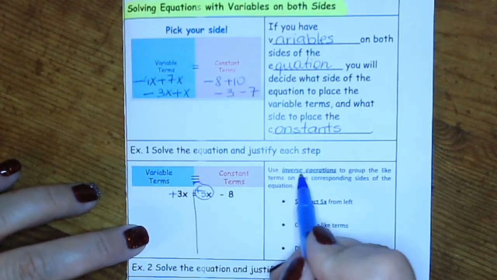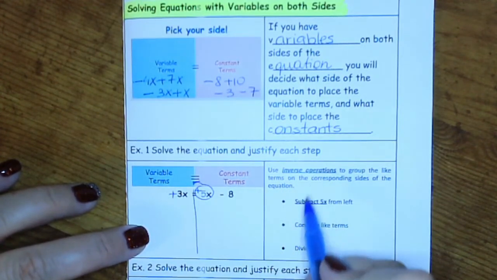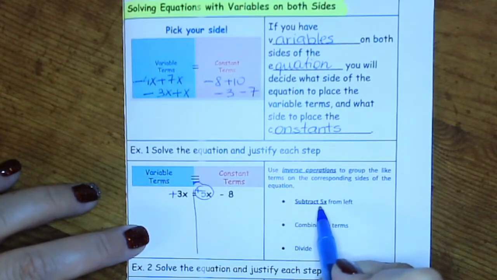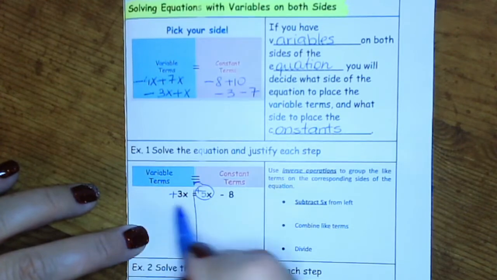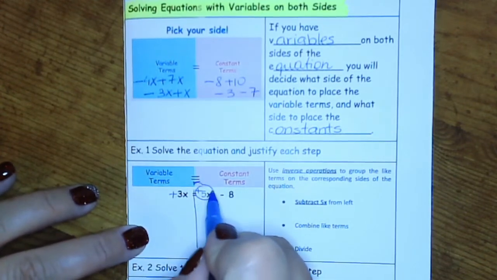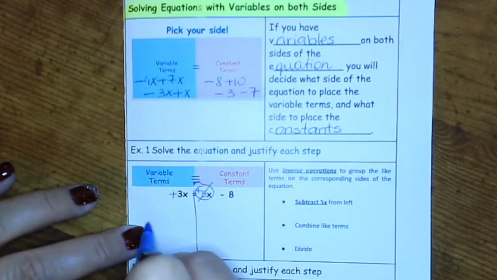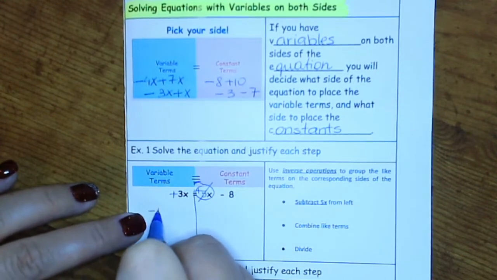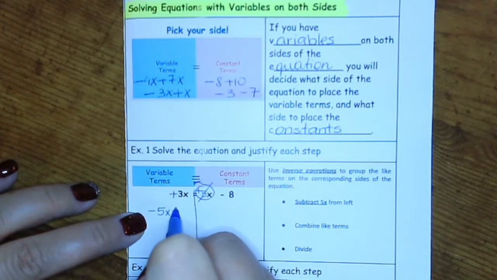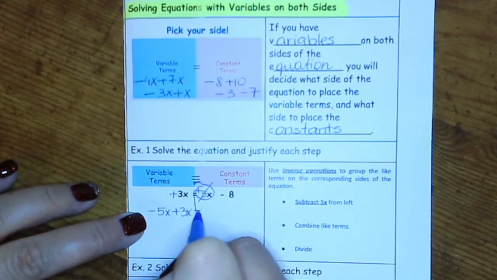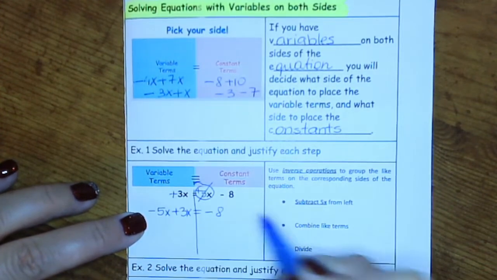That's what I'm going to use: inverse operation. Subtract 5x from here and move it over here. So this is what I do. I just take it from here, and then when I rewrite the problem, I write it on the left-hand side, bring down the positive 3x and bring down the negative 8.